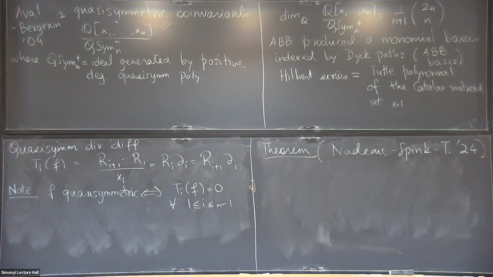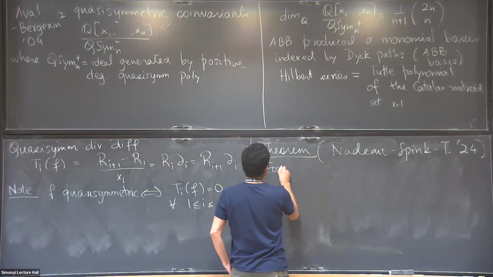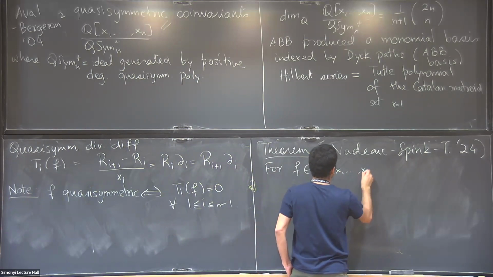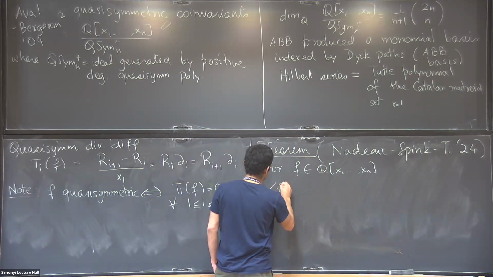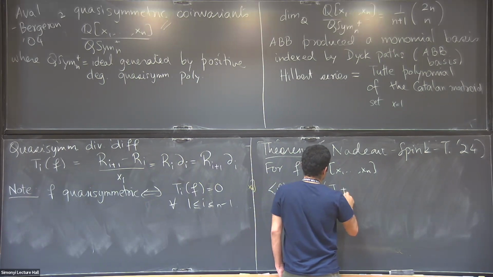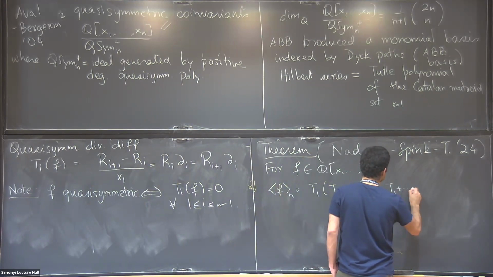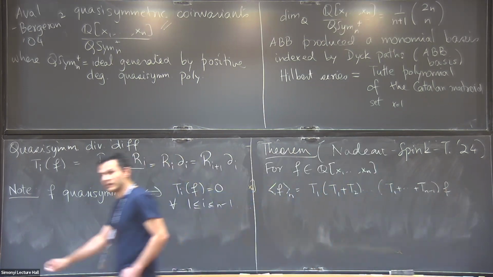I'm going to stick with polynomials of degree n minus 1, just for convenience. So same hypothesis as before. The divided symmetrization can be computed as a bunch of quasisymmetric divided differences applied to your input.